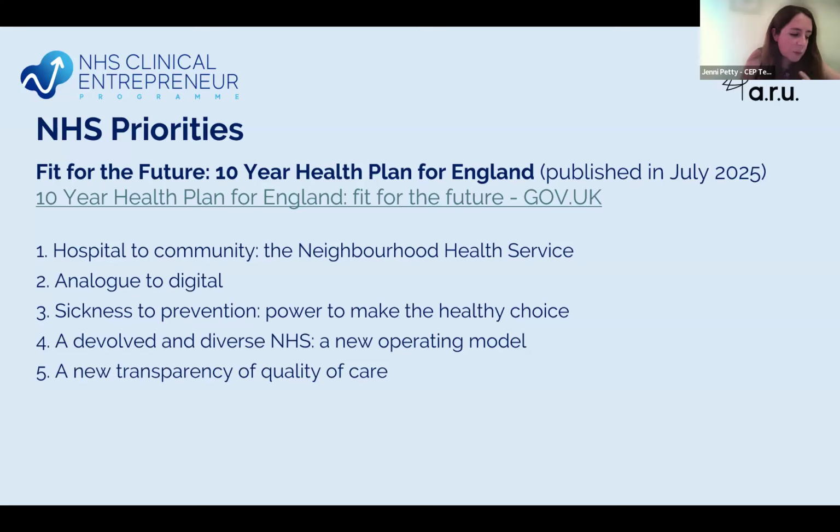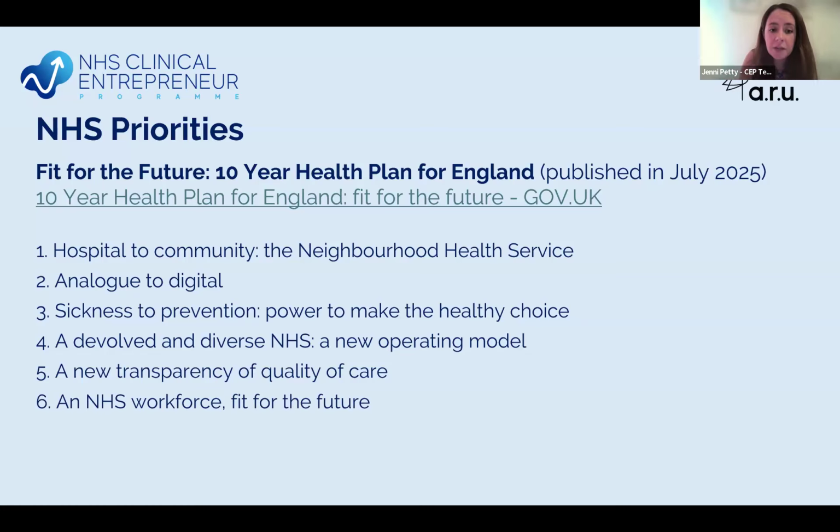There will be a reform of the complaints process and an aim to improve response times to patient safety incidents and complaints. There's also a focus on changing the NHS workforce in terms of making sure that NHS staff are better treated, more motivated, have better training, have more scope to develop their careers.